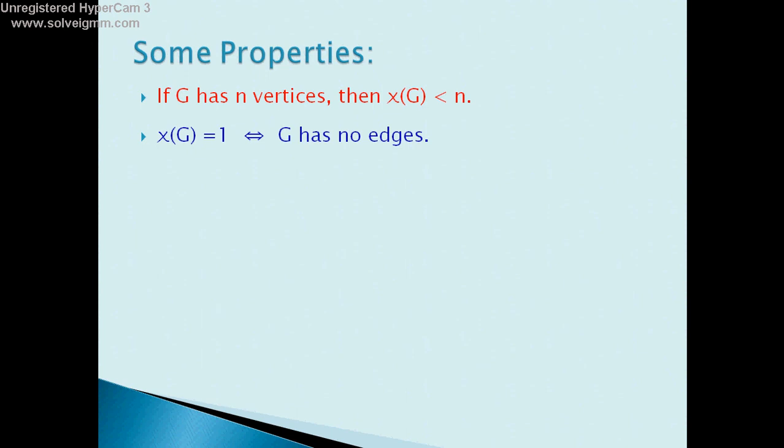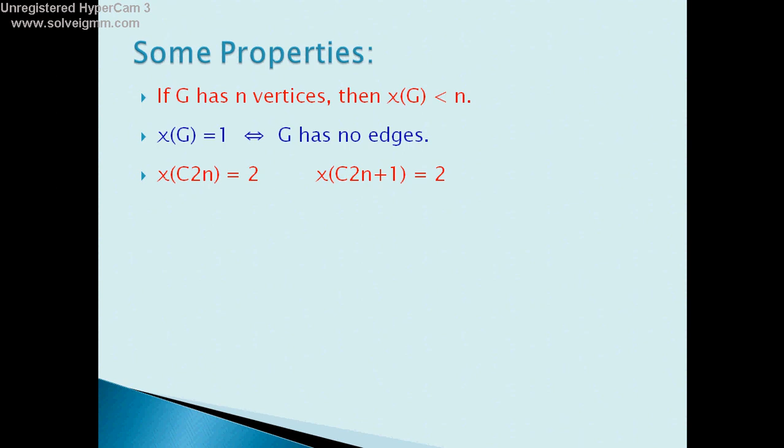Next, let's think about cycles. The chromatic number of a cycle of even order is equal to 2 and the chromatic number of a cycle of odd order is equal to 3. You can think about this by coloring a 4-cycle. Just go around alternating colors 1, 2, 1, 2.